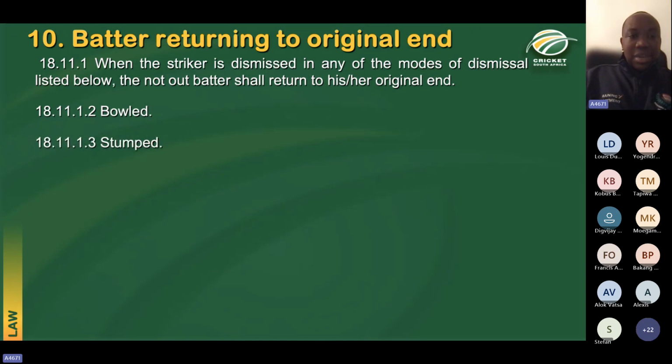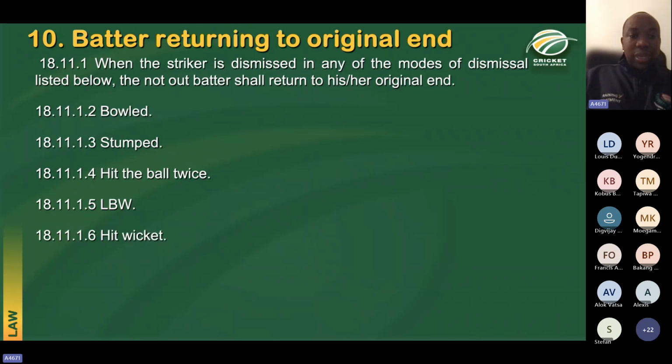If the striker is stumped, then obviously the non-striker remains at his or her end. If the striker has hit the ball twice, again, the non-striker remains at his or her original end. Leg before wicket, similar story. Hit wicket, also the non-striker will remain at his or her original end.